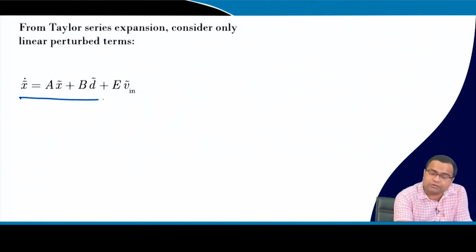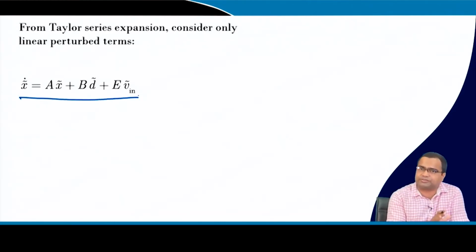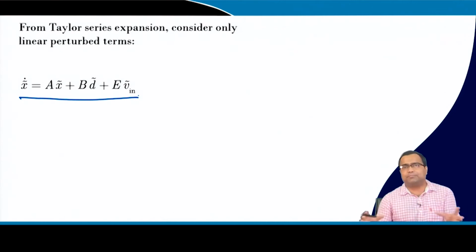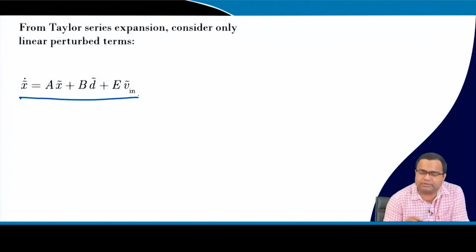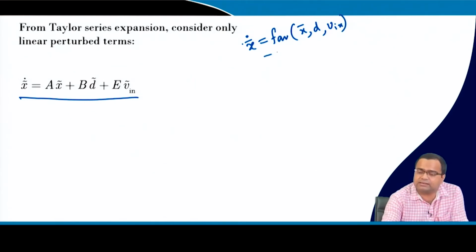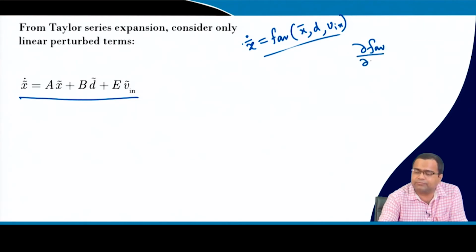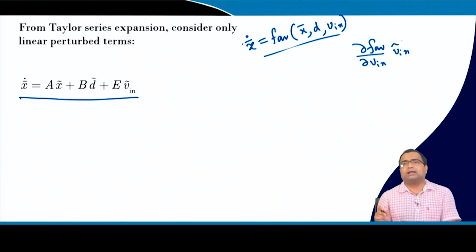In fact, we can also consider input voltage perturbation, which we have not considered, but you can follow the same process. That means we can obtain X average dot in terms of F average. We have considered only duty ratio, but you can also write V in, and again you have to consider another term, dou F by dou V in into V in tilde.